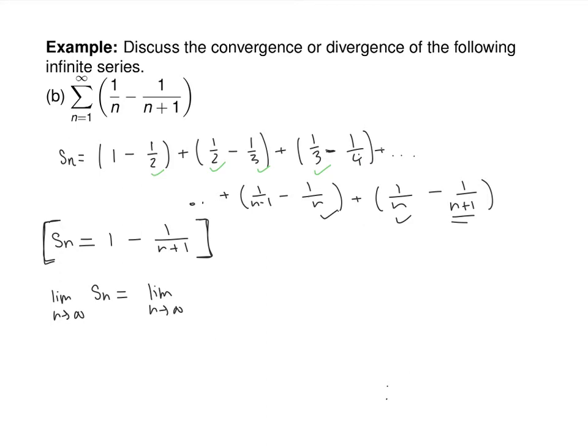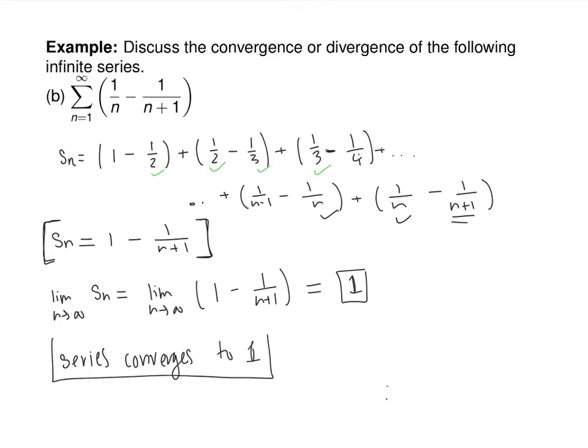So take the number of things that you add up to infinity, and you can see that this limit is equal to 1. So thus our original series converges to 1, or adds up to 1.